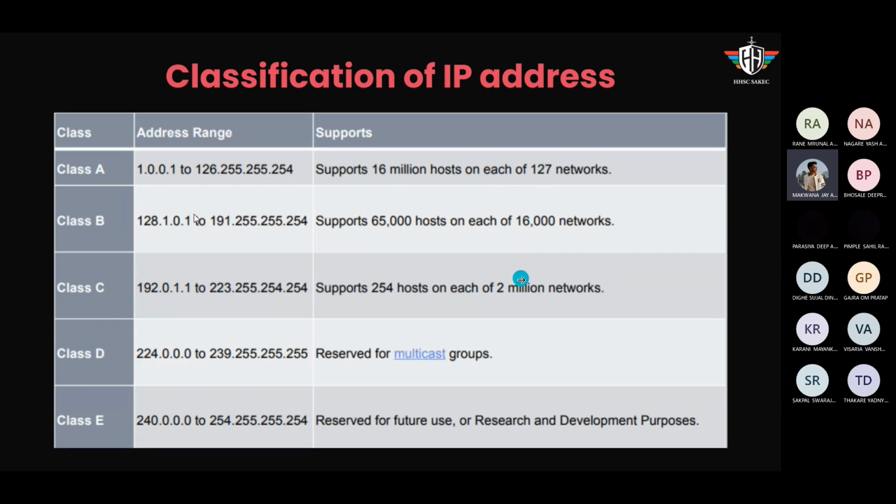For a class A IP address, there can be 127 networks, and each network can have 16 million hosts. We will see in the subnetting part how to know the number of networks of each class, or how to calculate the number of hosts for an IP address.